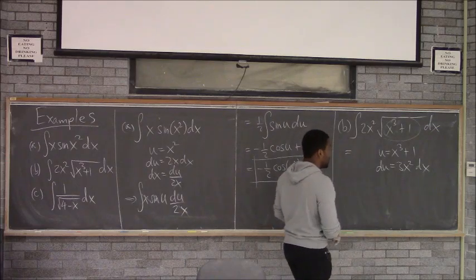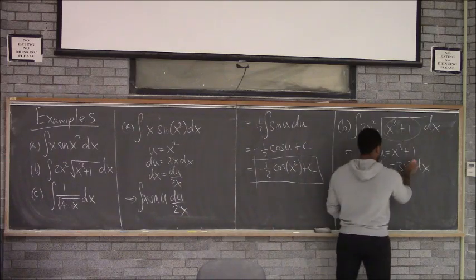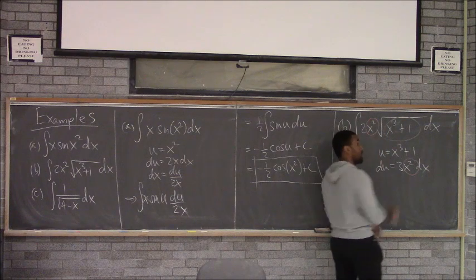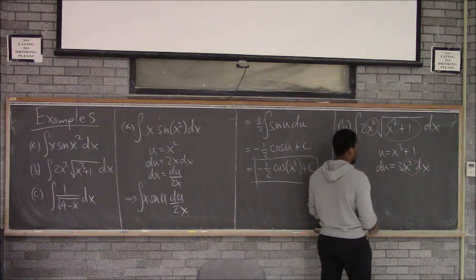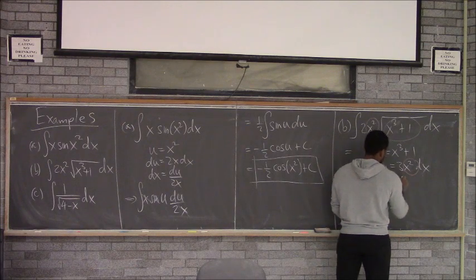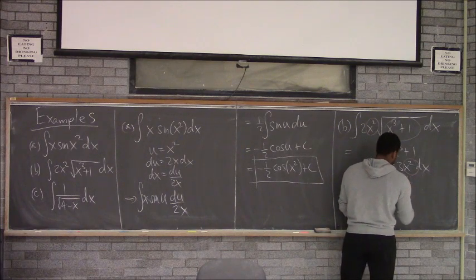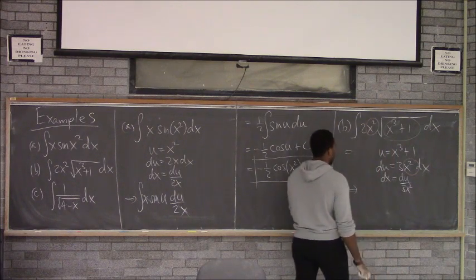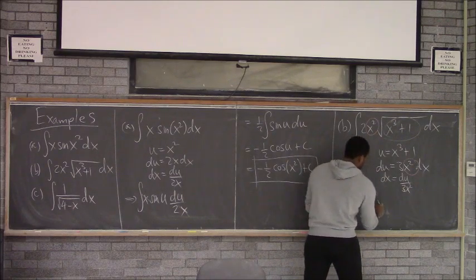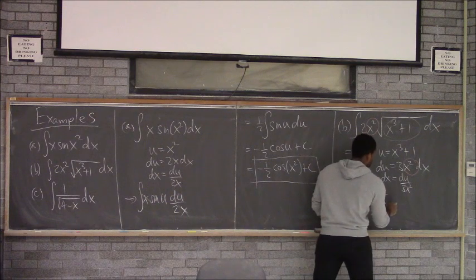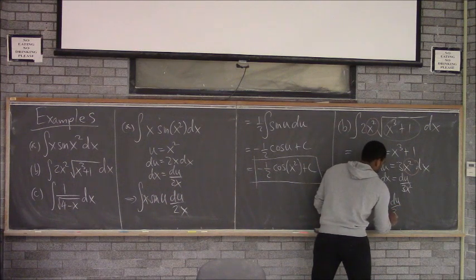Oh, is this a good substitution? I don't know. Let me check. Here's an x squared. There's an x squared. Then you plug it in. Then you solve for the dx. And you plug everything in. So this is 2x squared times that will just become radical u, and your dx will become du over 3x squared.